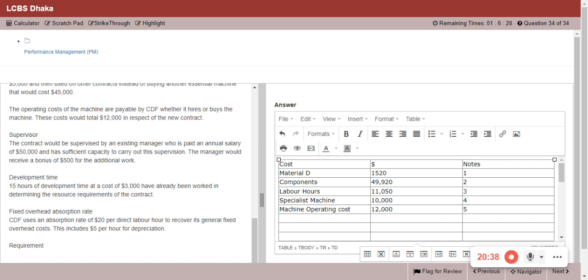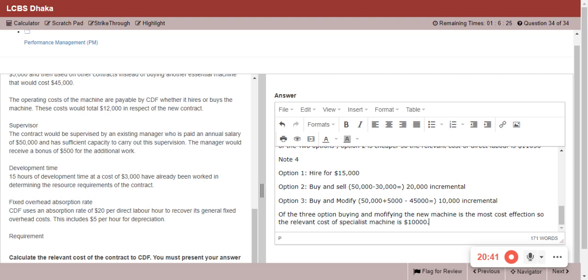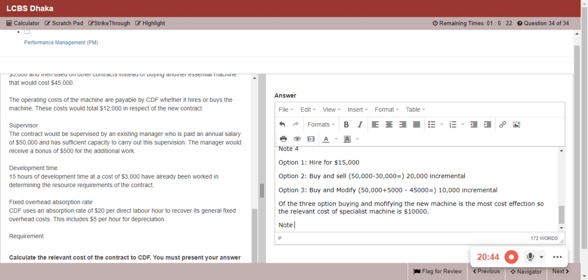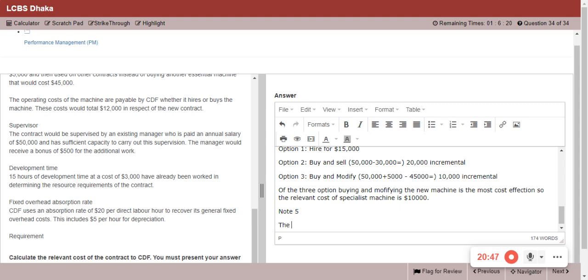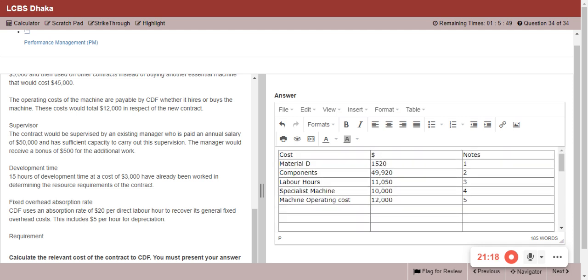Let's give it note 5. Note: the machine operating cost is a future and incremental cost, so it is relevant. Nothing more to explain here.